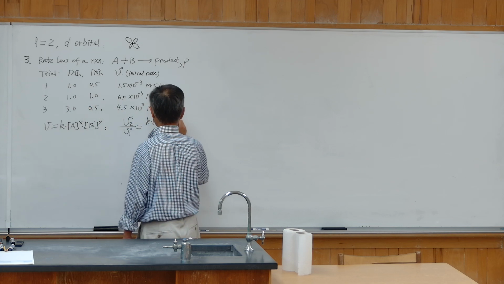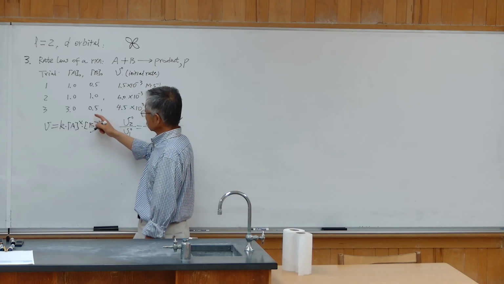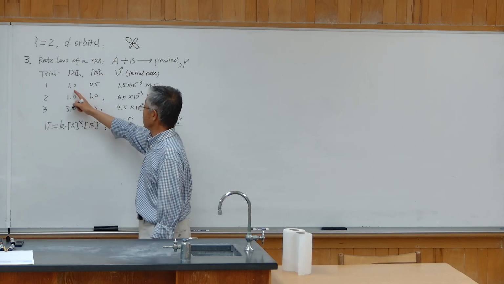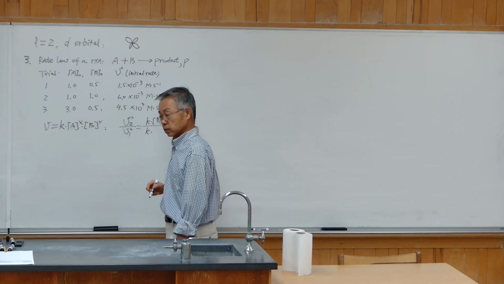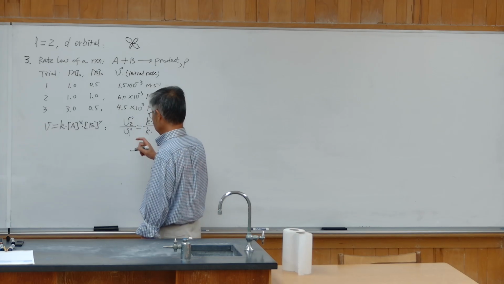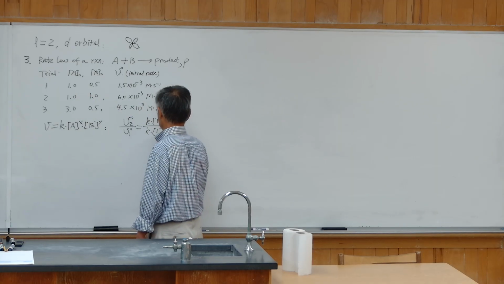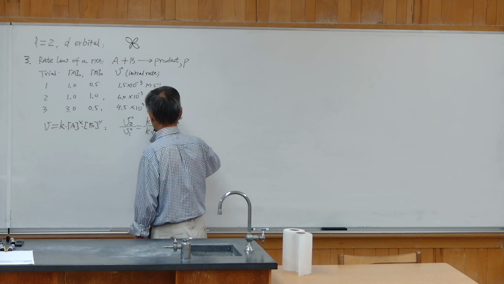Chart 2, B is 1. And chart 1, use 0.5. This V1 is chart 1. By the way, the k is really constant, the same, because we run the experiments at the same temperature. Then k should be the same. So for chart 1, A concentration is also 1. 1.0 and 1.0 are the same. Okay.